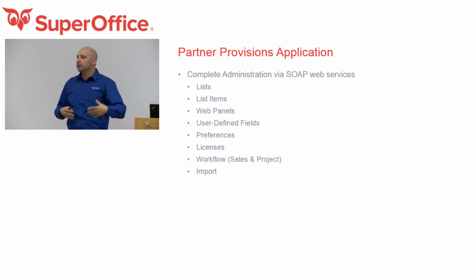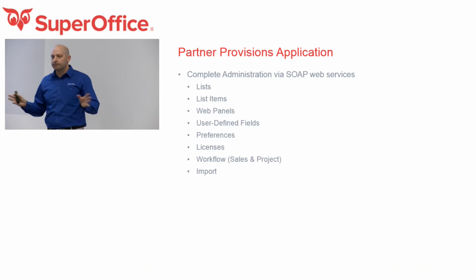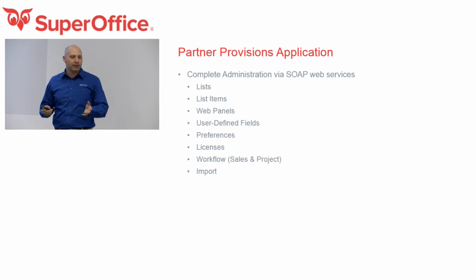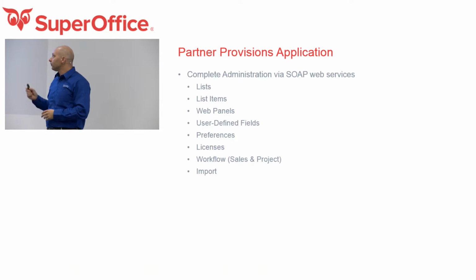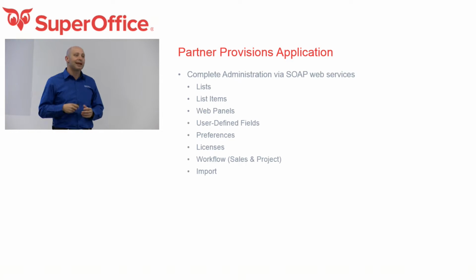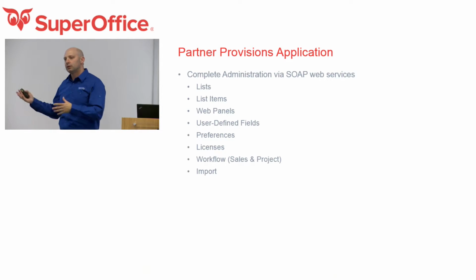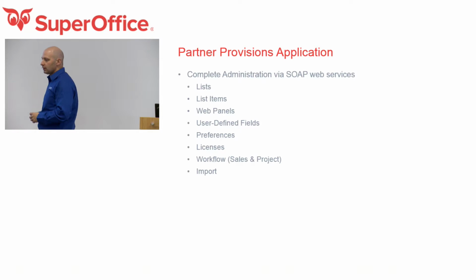You get everything that you need, credentials, URL, access to his web services so that you can configure the application automatically. You can provision lists, list items, web panels, user-defined fields, preferences, licensing, import operations, workflows for sales and projects. All that stuff. Everything that you can do inside admin, you can do through services.